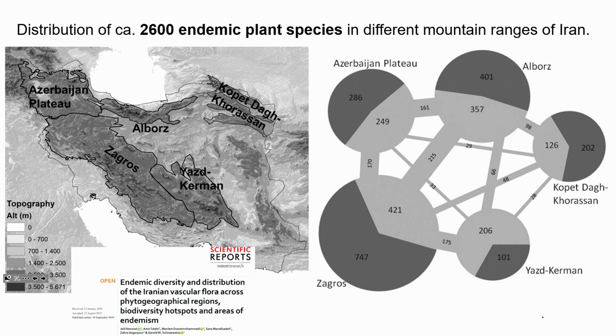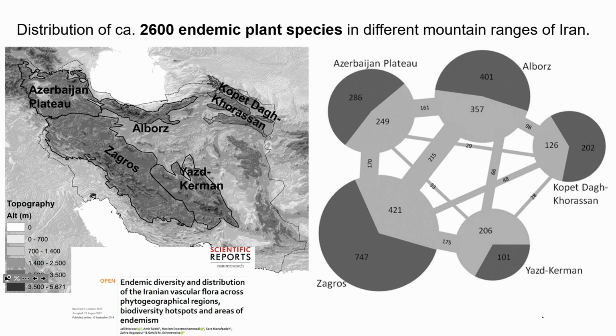For example, in Alborz and Zagros, the species which are only in one mountain, for example in Alborz, we show with dark gray, and the endemic species of the region which reach other mountains, we show with light gray.